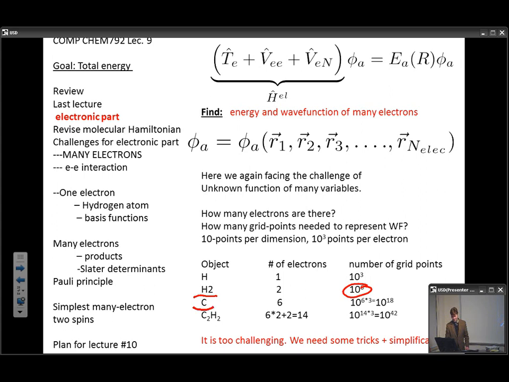If you try to take one isolated carbon atom with 6 electrons, then it will be 10 to the power 3 for each electron, and here 6 is the number of electrons.